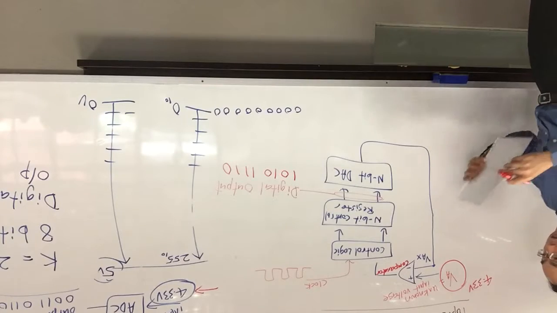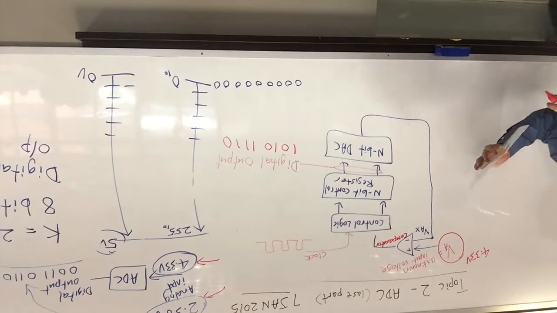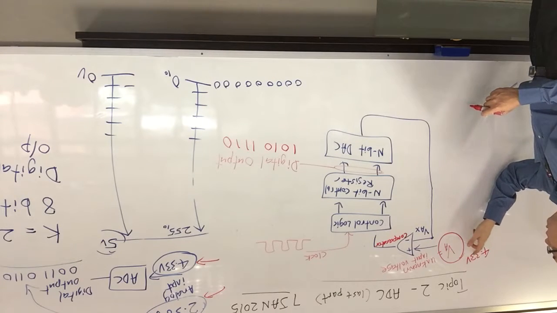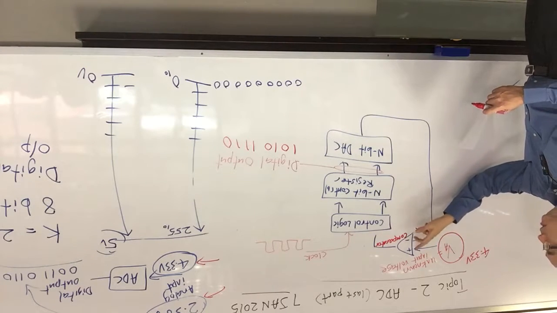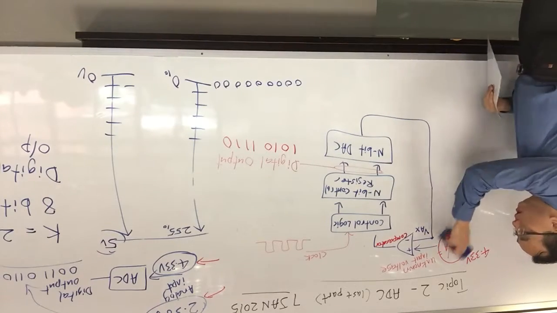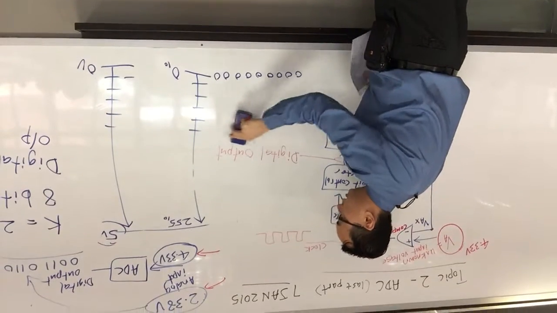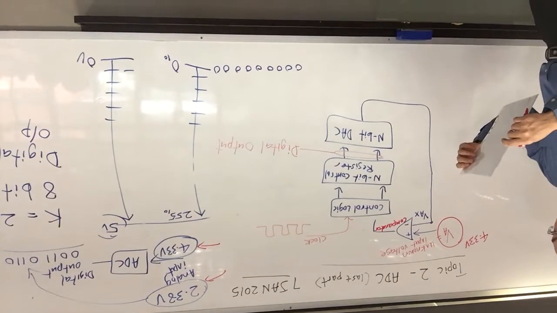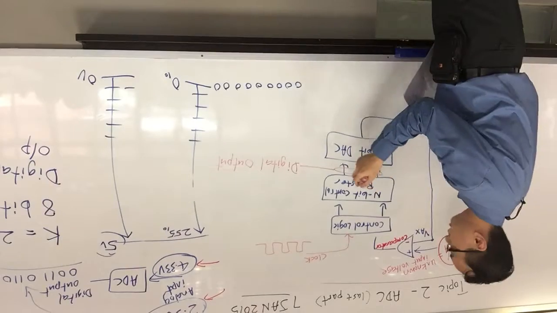For example, I have an example here. Step 1, after you apply a voltage to here, this system initially will have to start to compare this voltage. Let's say we have a 6-bit system, to make it simple.